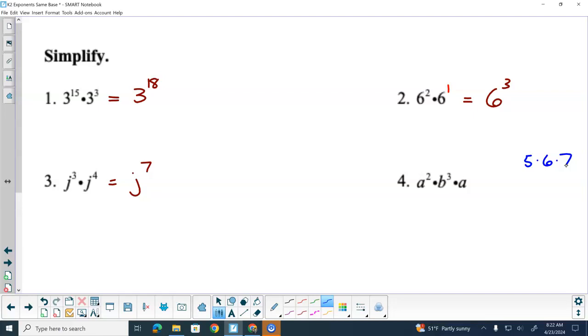If I multiply 6 times 5 times 7, am I still going to get 210? Yeah. If I multiply 7 times 5 times 6, all the same numbers, so it doesn't matter what order we multiply them in. So can I rewrite this as a squared times a times b cubed? Yeah, okay.